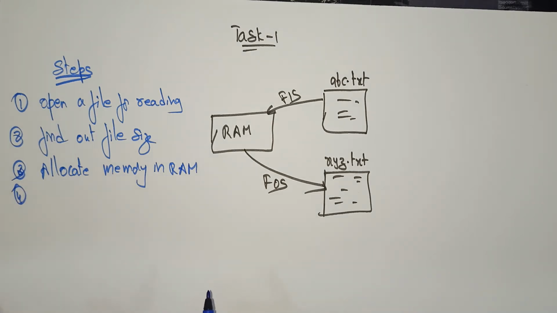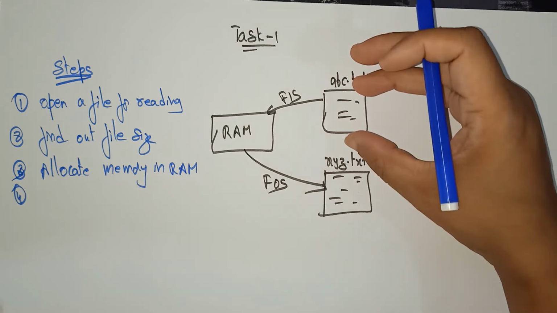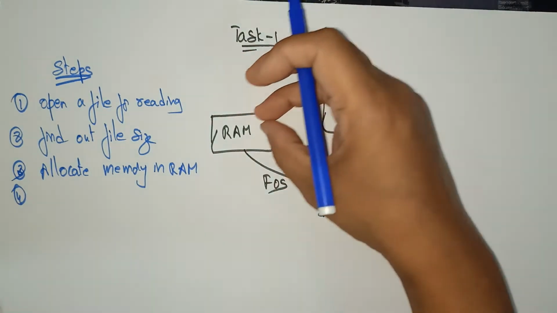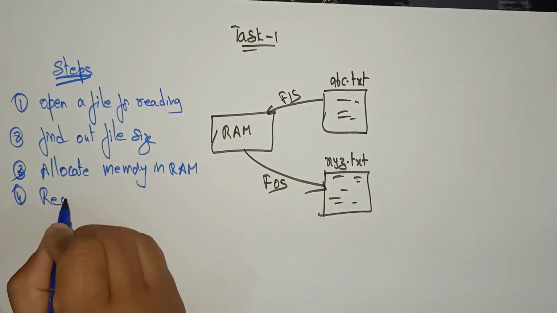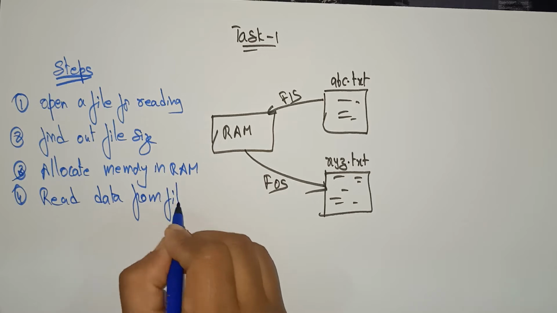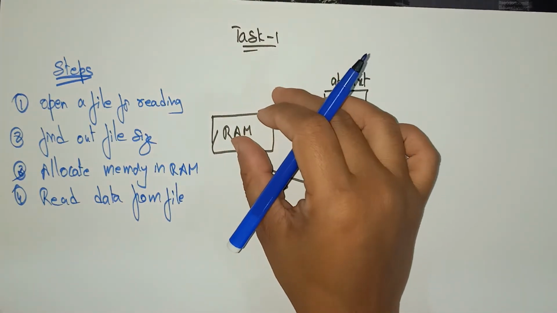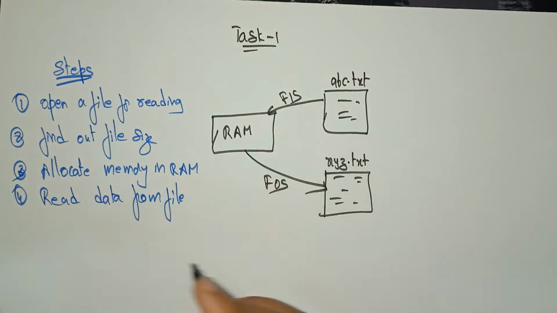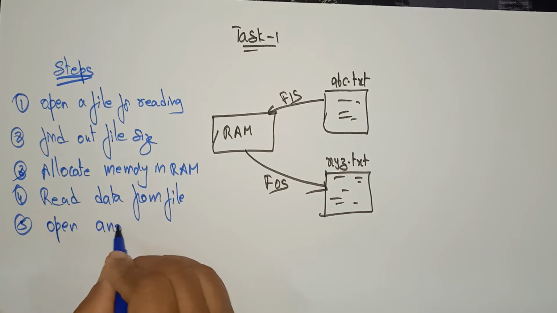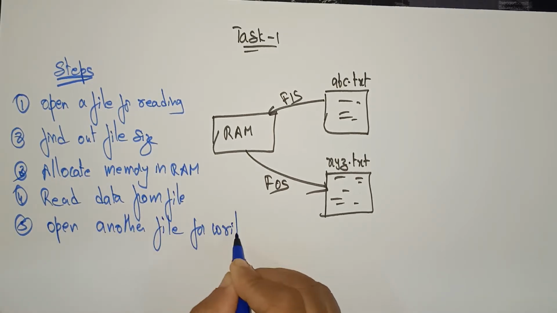Next, what do you have to do? Read data from file. First, open a file for reading, find out the file size and allocate memory in RAM. Now read that file data. I have read the data from abc.txt. Now open another file for writing. Writing means it's an output.